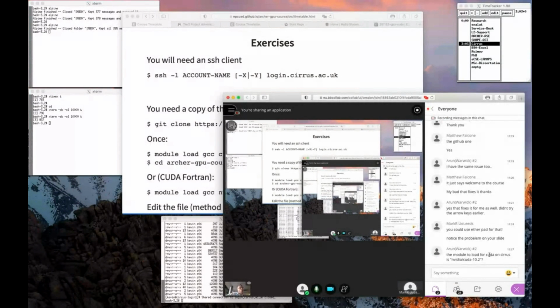If you want to do the Fortran, you need to do something slightly different, and you want the NVIDIA compilers module. A slightly annoying difference. If you want to do both, then you'll have to start thinking about swapping modules around as you go on.